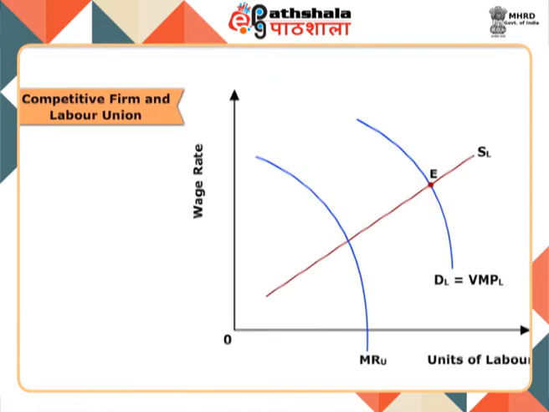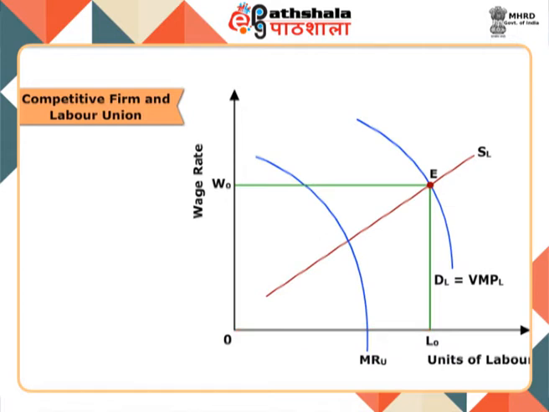The intersection of aggregate demand and supply of labor determines the highest level of employment at wage rate W0. Therefore, if the objective of the labor union is to maximize the employment level, then it will demand the wage rate OW0 and the employment will be OL0 units of labor.